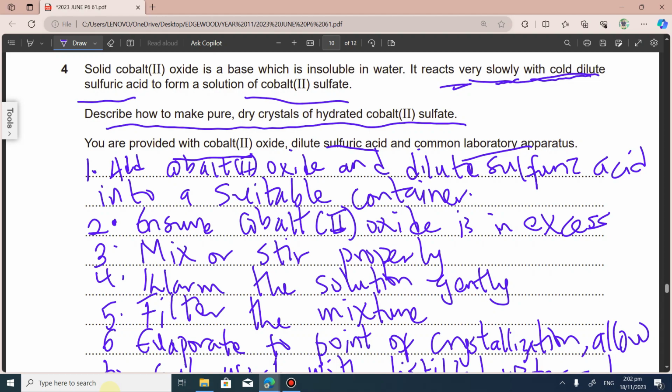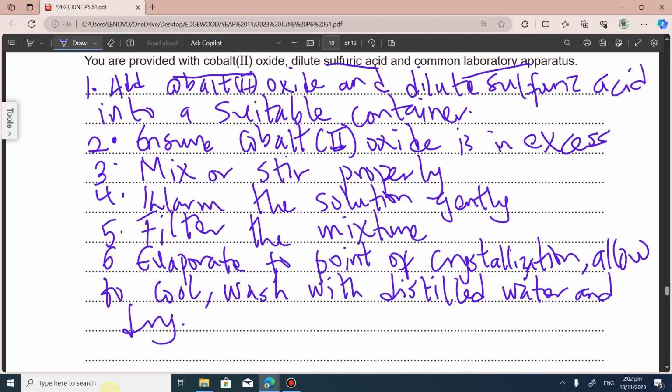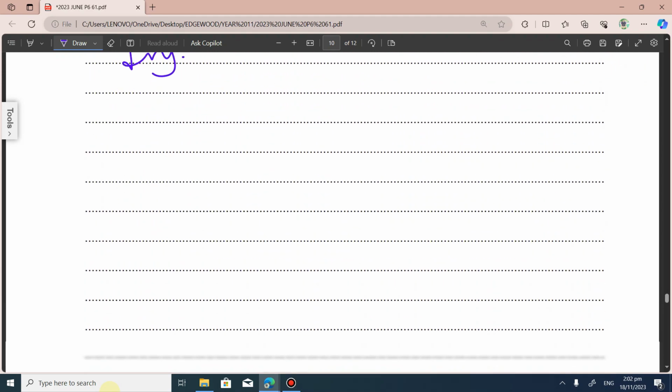Then you mix and stir properly. You warm the solution because the reaction is very slow, so warming it might increase the rate of reaction. And then after warming, you filter the mixture to remove the excess cobalt 2 oxide. Then you evaporate to the point of crystallization, allow it to cool, wash with distilled water, and then dry in between filter papers or using a warm oven. And that will get you the full marks.